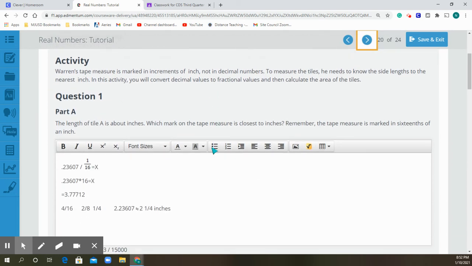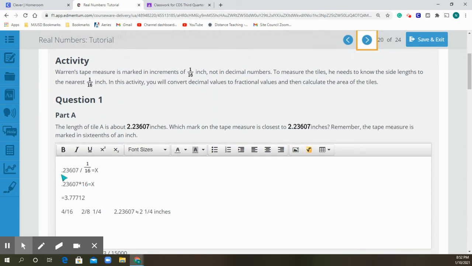So we do that by taking the decimal part. We already know that if it's 2 inches, it's going to be closest to 2 point what? So we don't need to figure out how many sixteenths are in the 2. We just need the part after the decimal. Now, the problem, in order to do that, is to divide this amount by 16, or 1/16 rather.